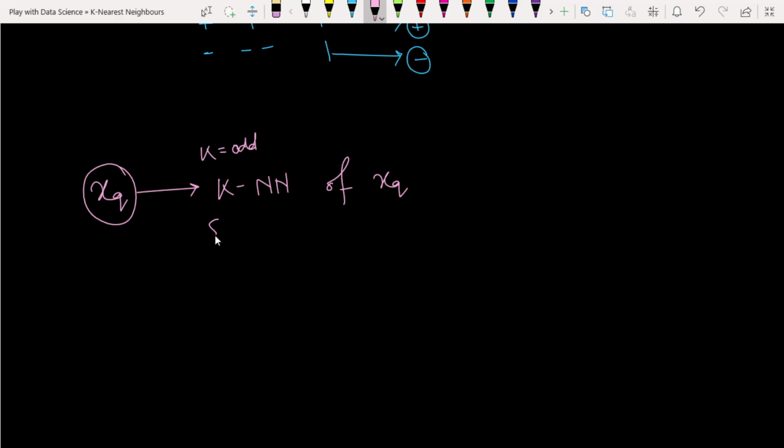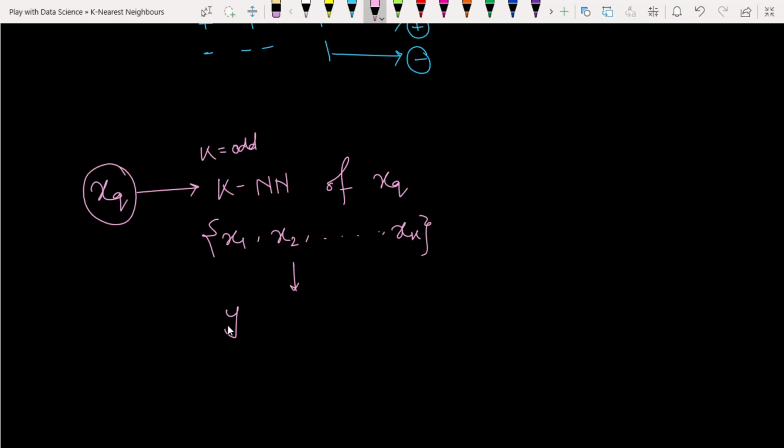Suppose this knn of xq is x1, x2, up to xk, and we will find the corresponding outputs of the k closest points of xq.